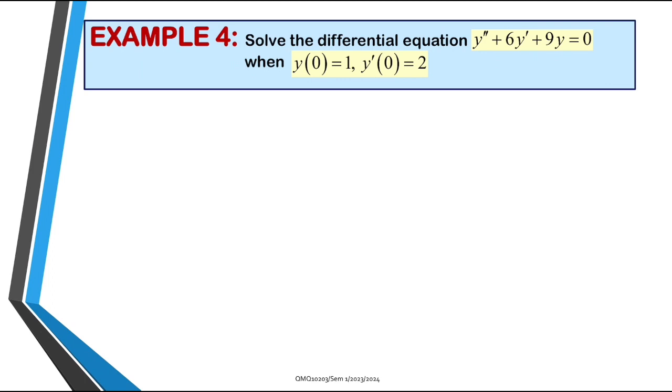Step number 1: change this equation into the auxiliary equation. Our auxiliary equation will be m squared plus 6m plus 9 equal to 0.